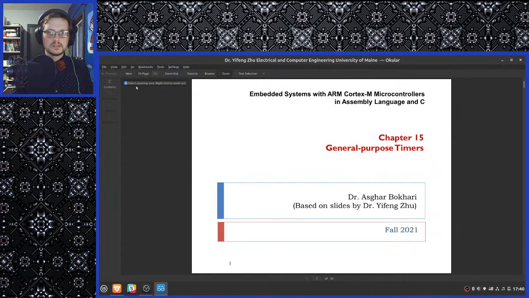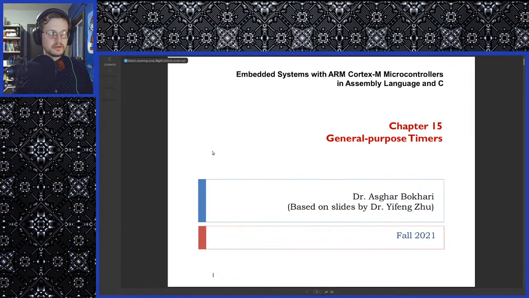There we go. So there are a couple of things that I'd like to talk about with timers that are sort of not on the slides, that set the stage before we even get there. So first, we should be very specific about the type of timer that we're talking about, right? What we're talking about are peripheral timers.